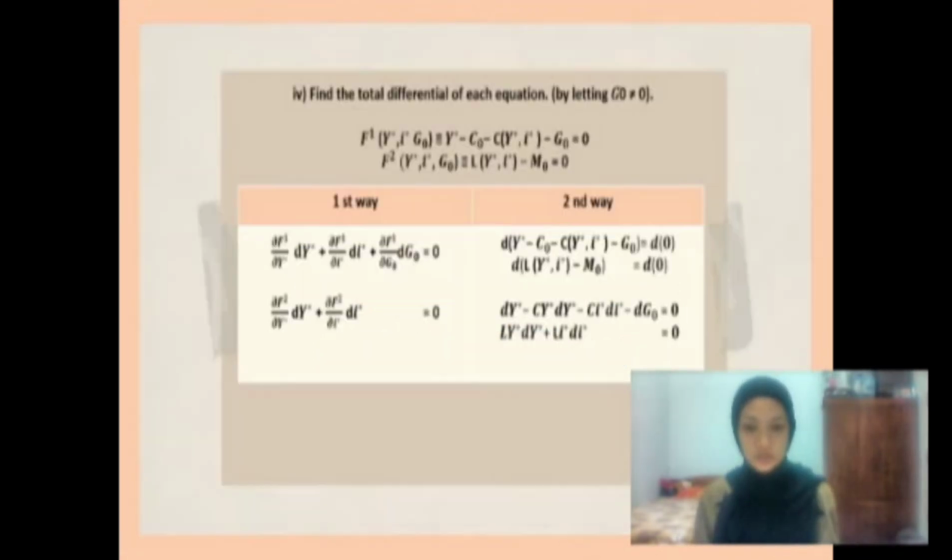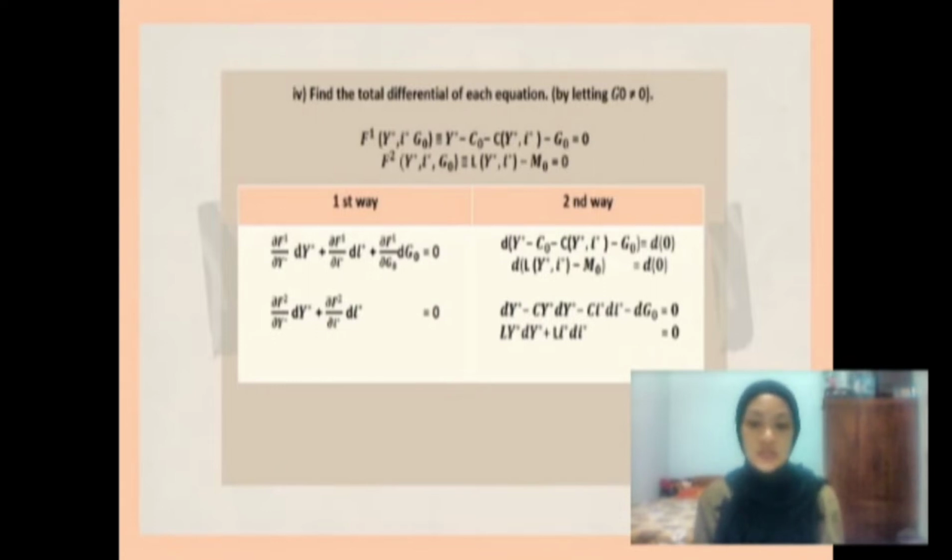Okay, for the next question, we need to find the total differential of each equation by letting G null not equal to 0. So I copy the implicit form and clear the other exogenous, since we only need to find G null. For the first equation, we get delta F1 over delta Y star dY star plus delta F1 over delta I star dI star plus delta F1 over delta G null dG null equal to 0.